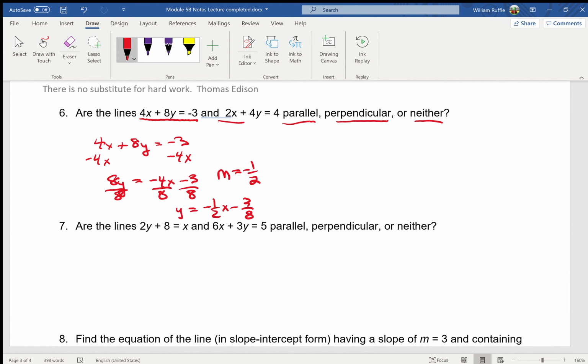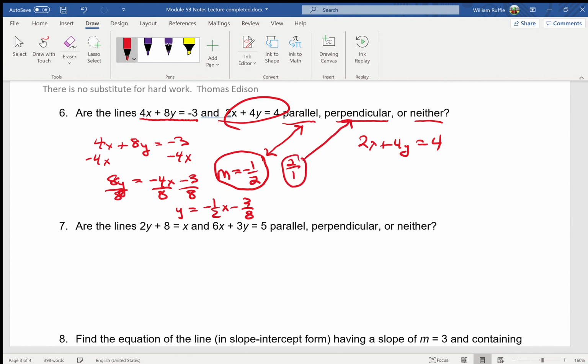Now, I'm going to solve this one, 2x plus 4y equals 4. Now, if I come up with negative 1/2 when I solve this next equation, it's going to be parallel. If I do the negative reciprocal of this, that's positive 2 over 1. If I come up with that slope, it's perpendicular.